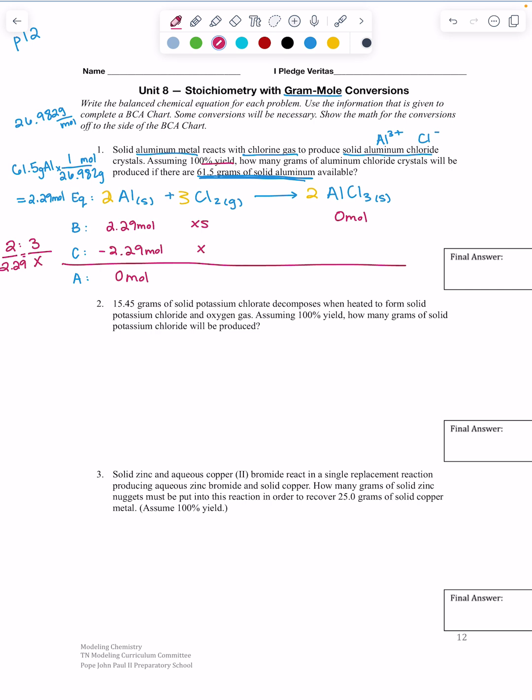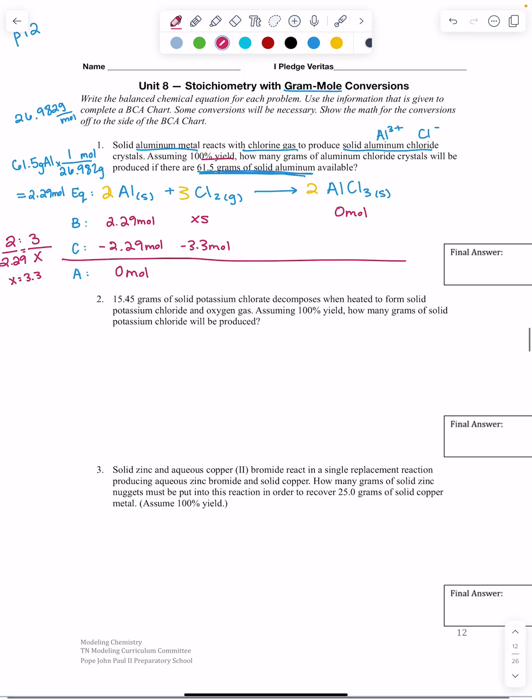And then I divide that by 2. And I get 3.3. So that tells me that 3.3 moles of chlorine reacted to produce this amount of aluminum chloride.